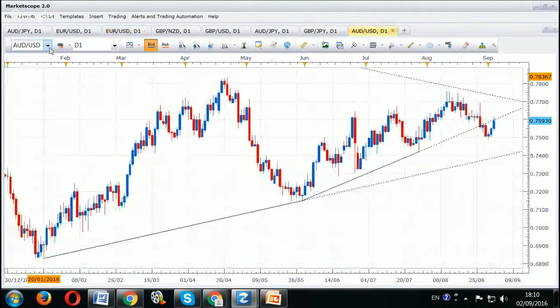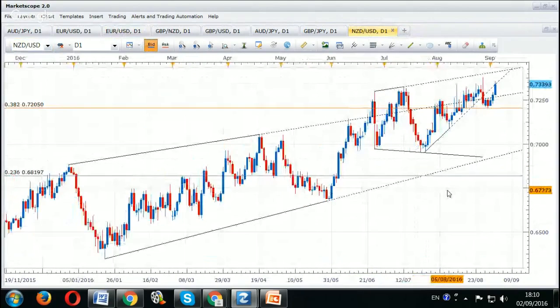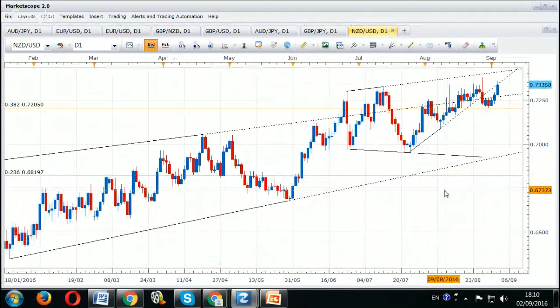Let's have a look at the Kiwi dollar and NZD/USD. Pretty much the same story, but slightly more attractive than the Australian dollar, simply because RBNZ's Wheeler was on the wires last week, and he said that there is no need for rapid monetary policy easing.